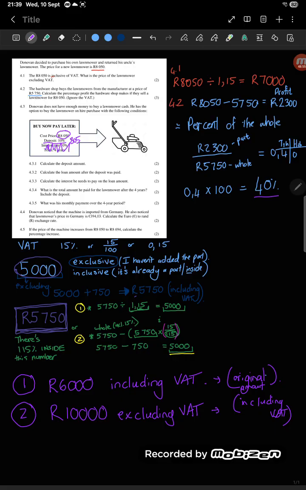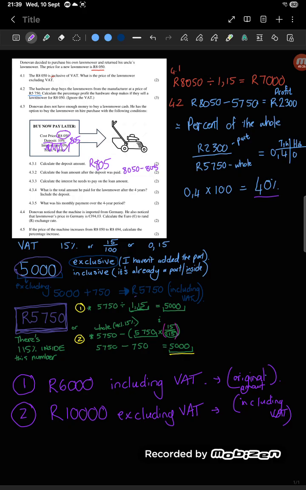Calculate the deposit amount, 10% of that. I take away a comma. So that's 805. Calculate the loan amount after the deposit was paid. Well, that's going to be 8050 minus 805.